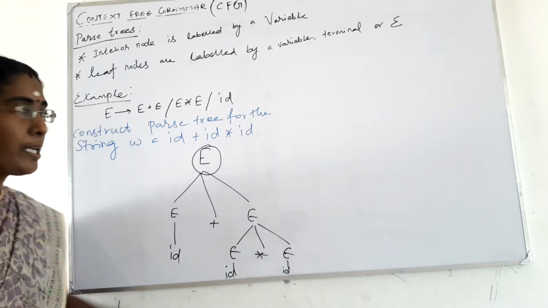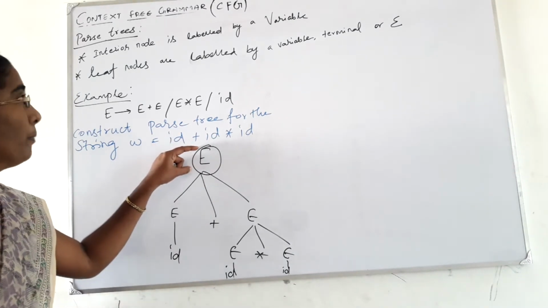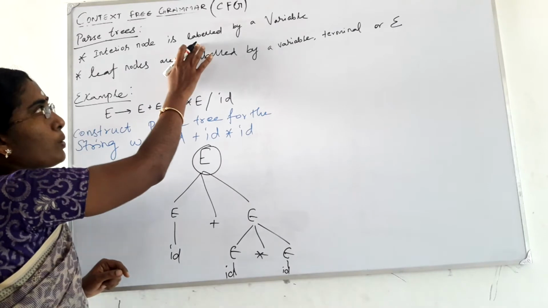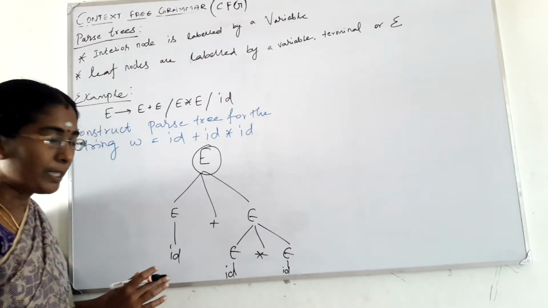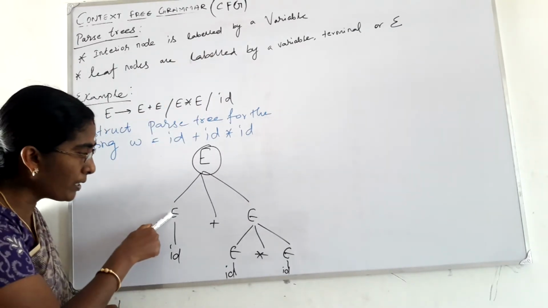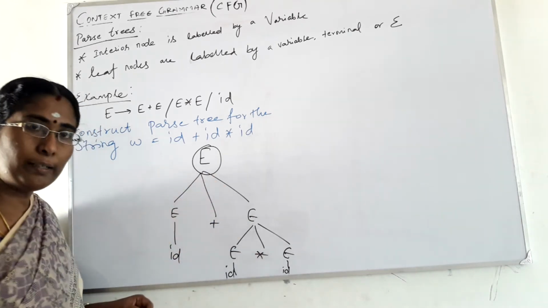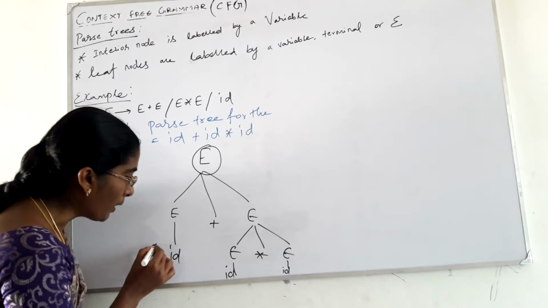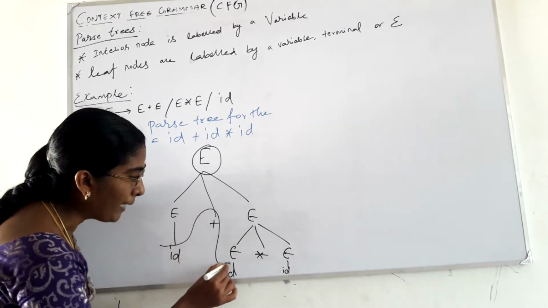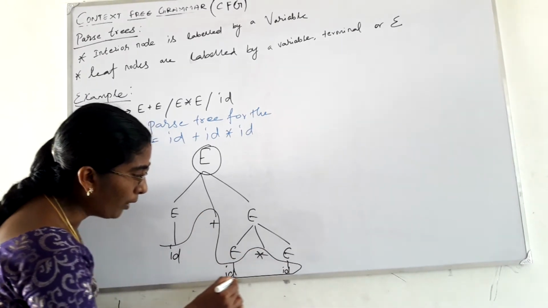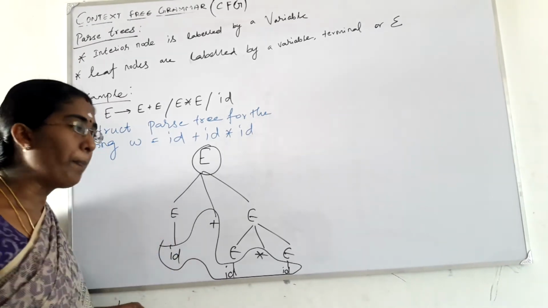In a parse tree the root node will be the start symbol and all the interior nodes are labeled by a variable. Here this one is an interior node, this is also an interior node, and this is also an interior node. But ID plus ID star ID are the leaf nodes of the parse tree.